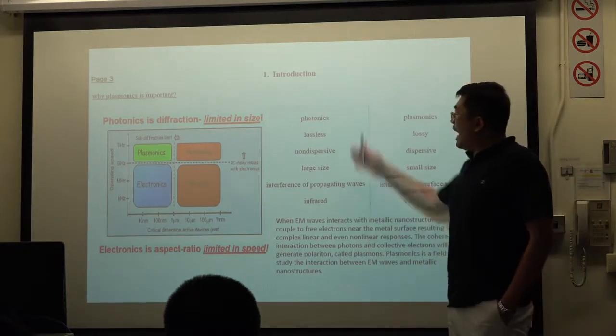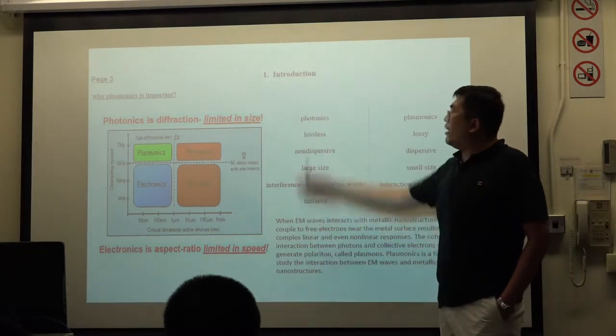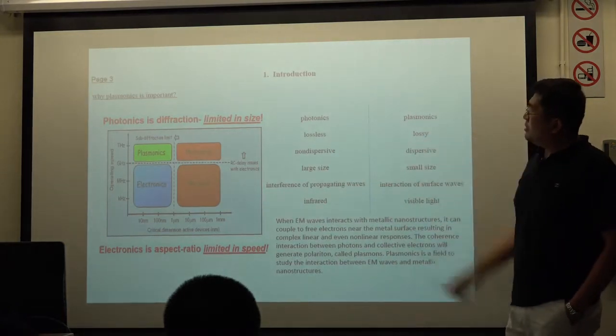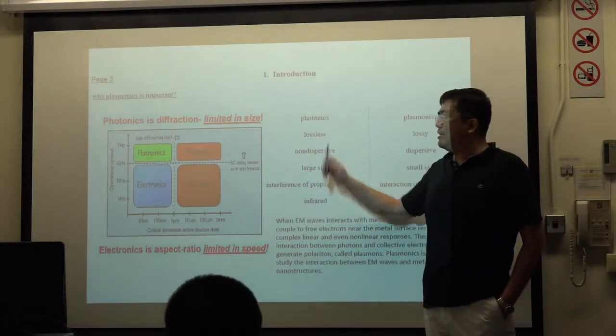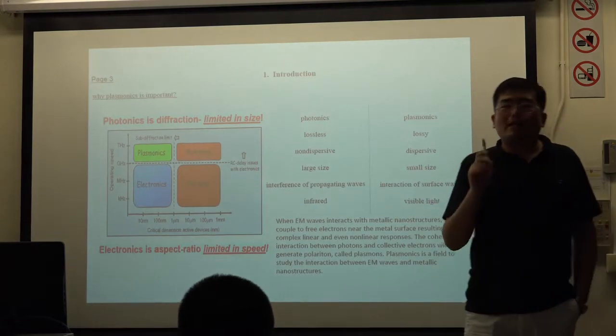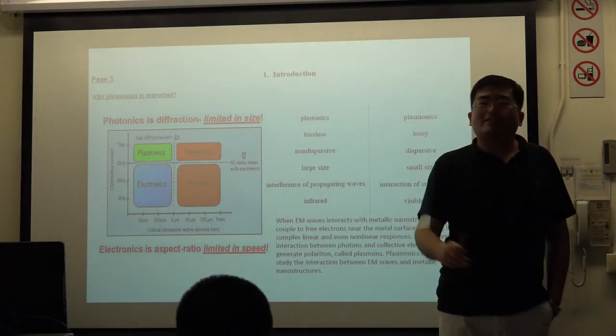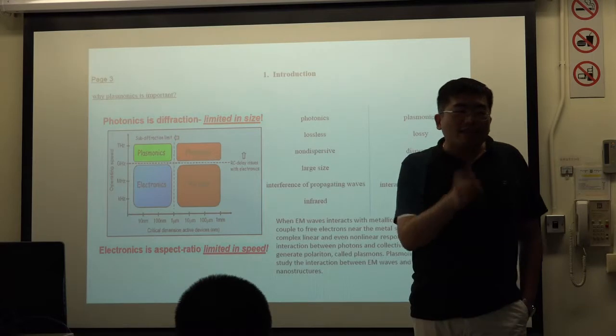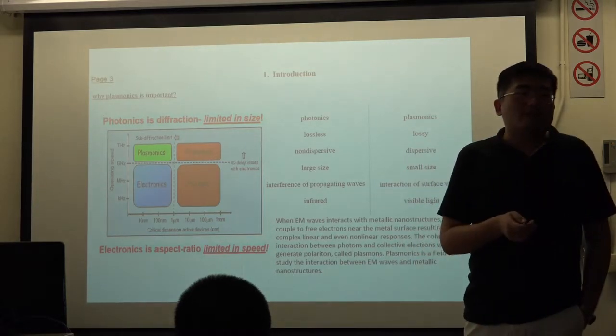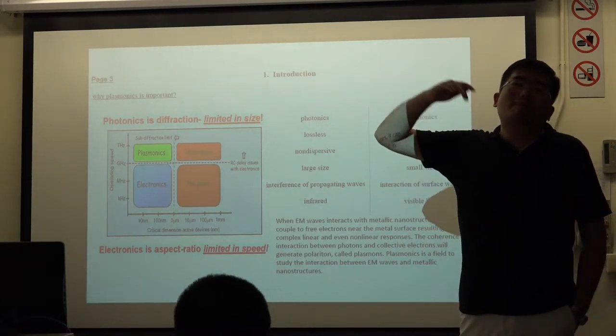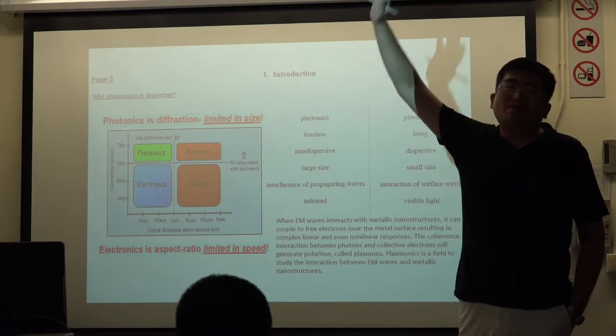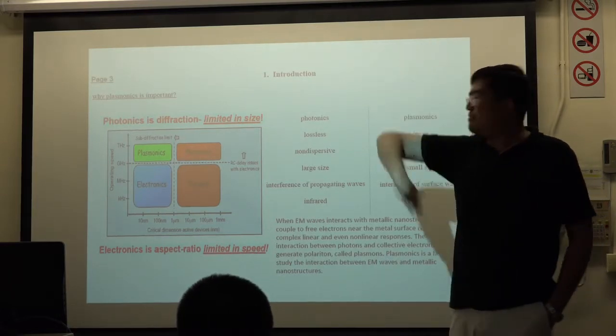I list the keywords for photonics and plasmonics. For photonics, we study lossless media. Typically we use silicon oxide, which is glass, lossless. We use silicon but in the infrared regime, since the silicon band gap is in the visible regime. This is almost lossless.